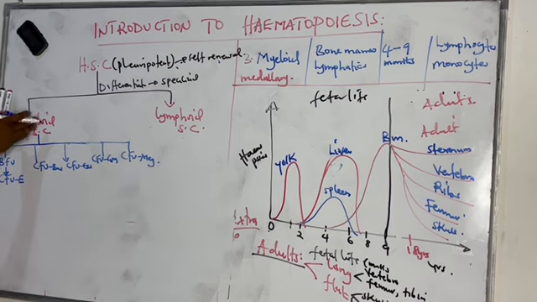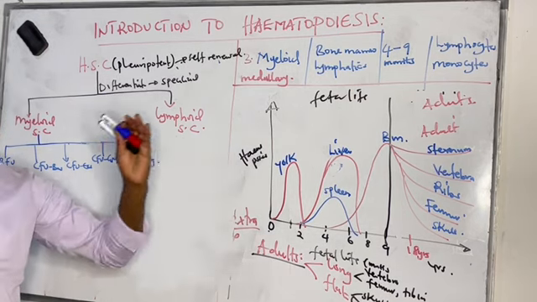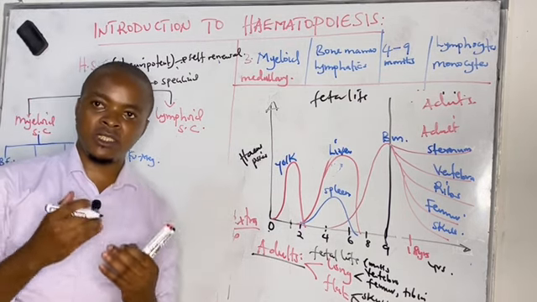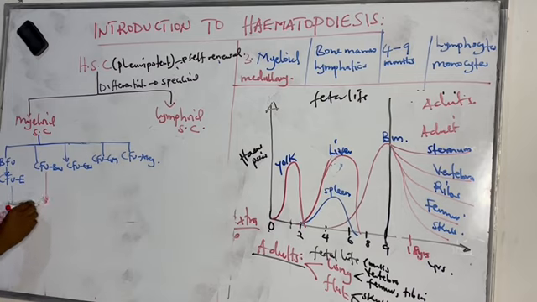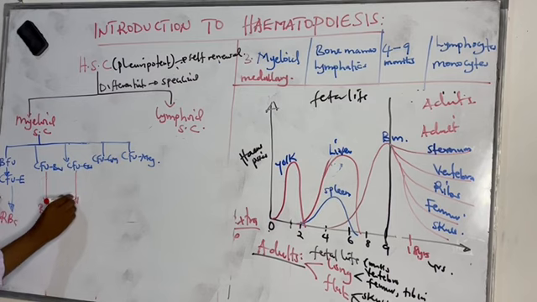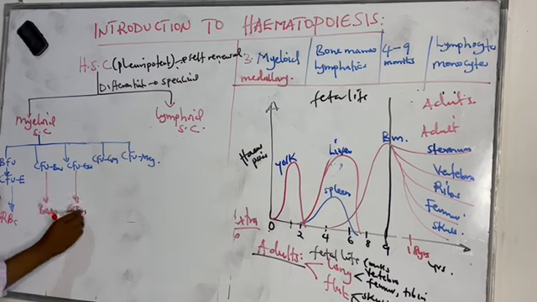So we see the myeloid stem cell is uncommitted. It can undergo differentiation to produce these progenitor cells. So these ones are called the progenitor cells, whereby this one gives rise to red cells, this one gives rise to basophils, this one gives rise to eosinophils.